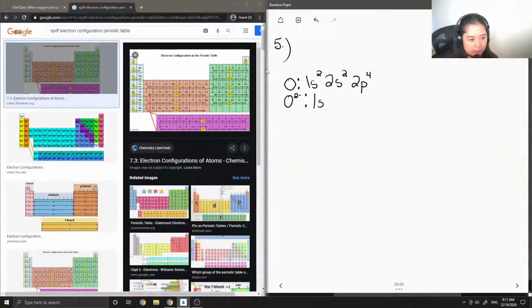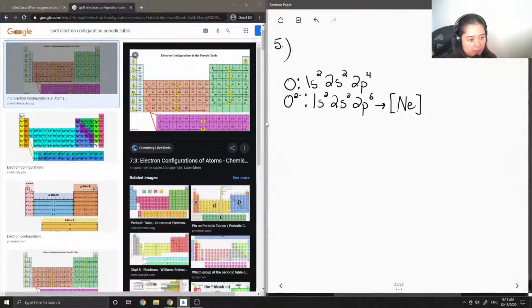So now our new electron configuration is 1s2, 2s2, and then 2p6. If we look at our periodic table, we'll see that it now has the same electron configuration as neon. So I'm going to write over here, square brackets, Ne. Okay, so that's for oxygen.